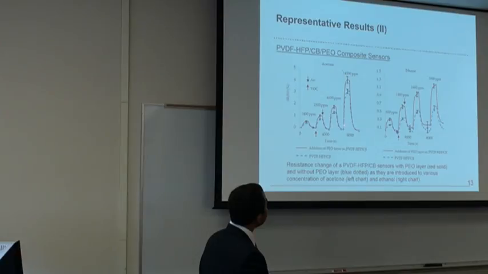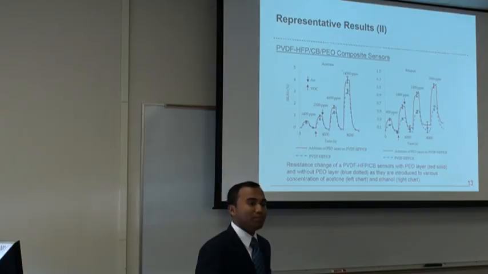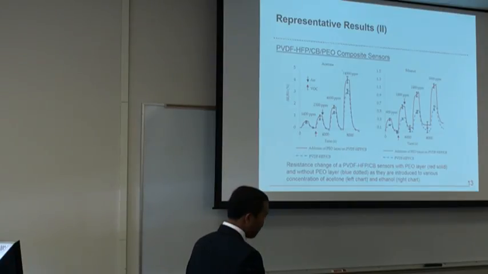You can see the differences in responses. This is for acetone, and this is for ethanol. With acetone the response increases when you add the layer, but with ethanol it increases much more, so that gives more differentiation between the two gases we're trying to detect.